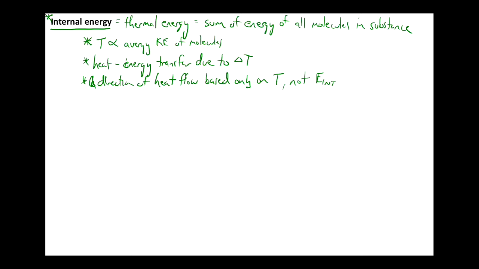It's only whether they have a temperature difference between them. Do you see the difference? Okay? Internal energy is about adding everything up. So let's get to some equations. Let's see. First of all, based on what we said above, we could just describe E internal as the number of molecules times the average kinetic energy of those molecules.